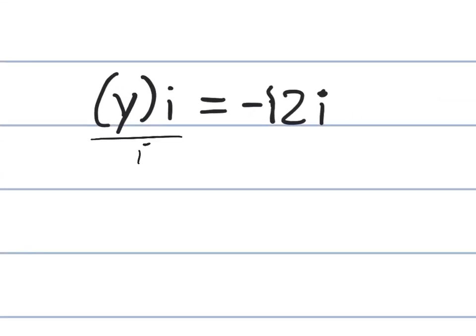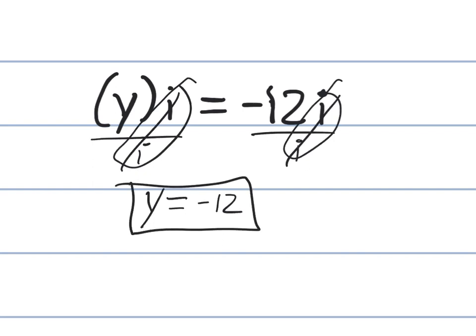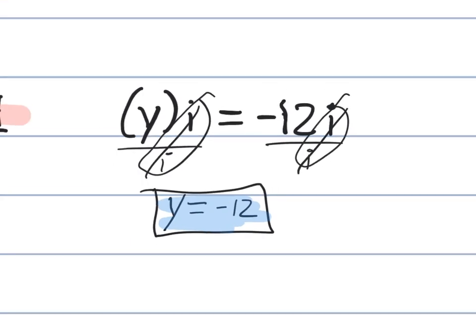Divide by i and poke out its eyes. And we get y is equal to negative 12. What am I going to do next? We divided by i right here. We just did that. What am I doing next? That's it. Nothing else. Because we already know what y equals. It's equal to negative 12.